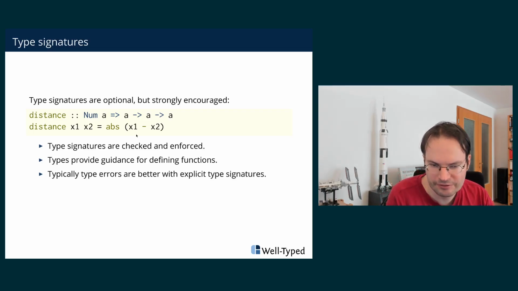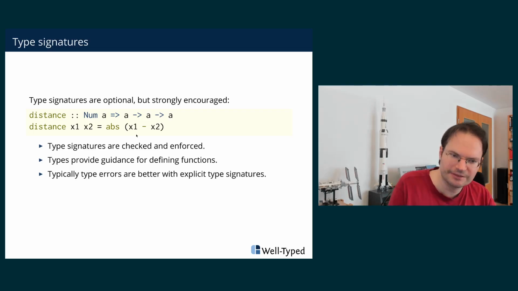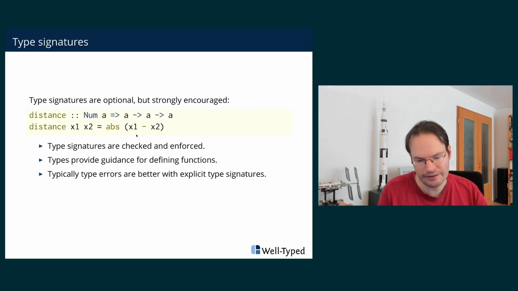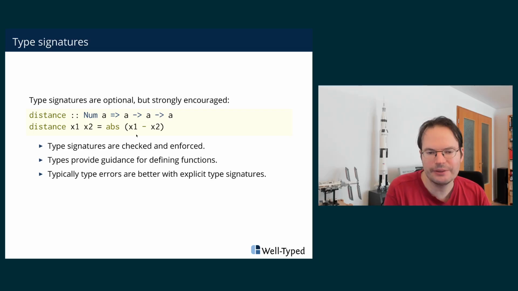But also, very importantly, because type signatures are checked, type errors are much, much better with explicit type signatures. Because Haskell's type system is so flexible, if you don't give a type signature, you may end up writing something that is not what you wanted to write, and it actually has a different type, but it nevertheless can be given a type.